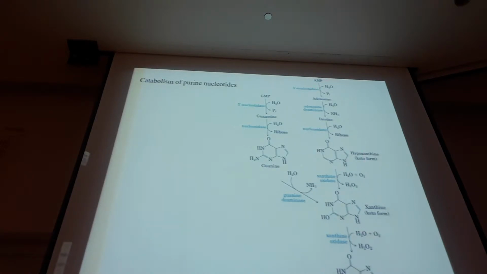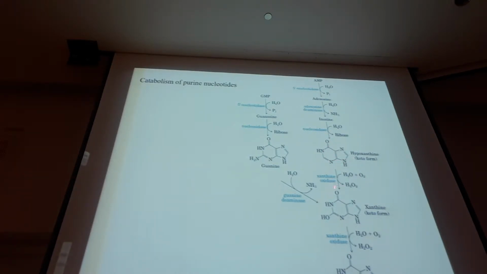Okay, so if we look at the degradation of AMP, we see that, okay, again, first we remove our phosphate, then we cleave off, no, actually, we first remove our nitrogen here with the help of a deaminase and convert our nitrogen that we would have in adenine here into an oxo group to produce hypoxanthine. First, we produce a nucleoside. We have to remove ribose by hydrolyzing the N-glycosidic bond, and then we produce hypoxanthine.